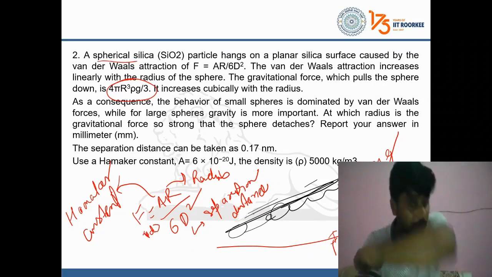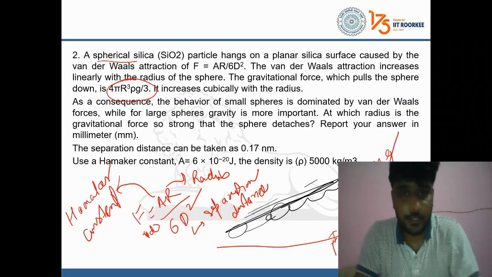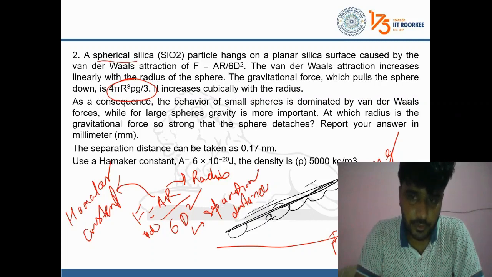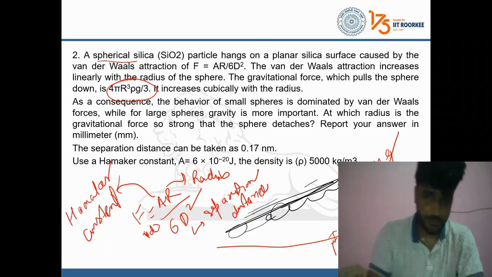These are the two terms given in the question, and the gravitational force increases cubically, because there is the R cube. This should be the capital R, and it is capital R in the full question.